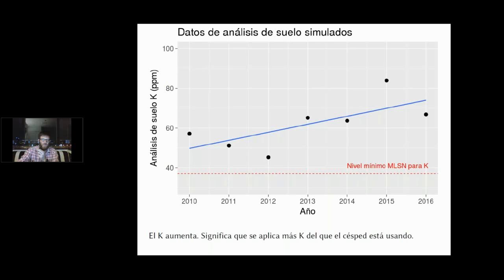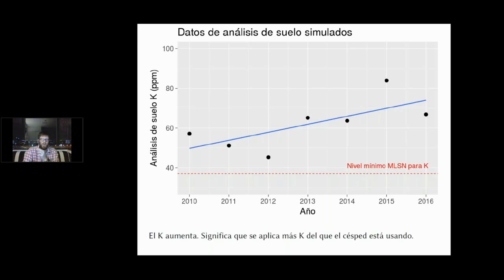And in this case, you can see that it starts in 2010 at about 50 parts per million in the soil, and it goes up to 2016 to about 75 parts per million in the soil. What you see over time is the soil potassium is going up.